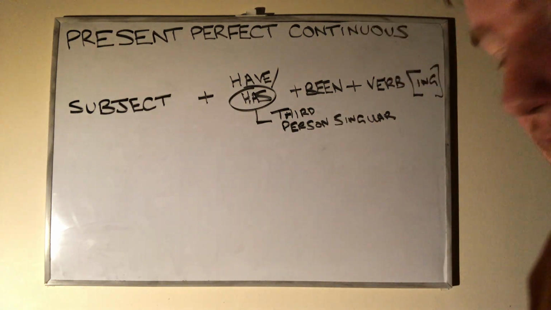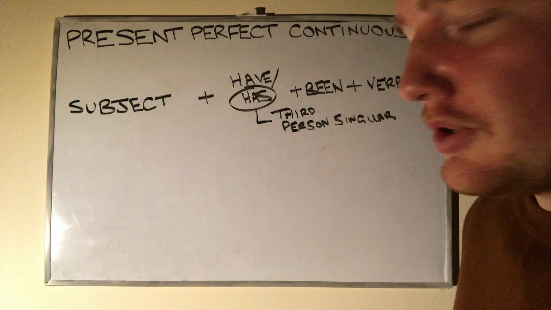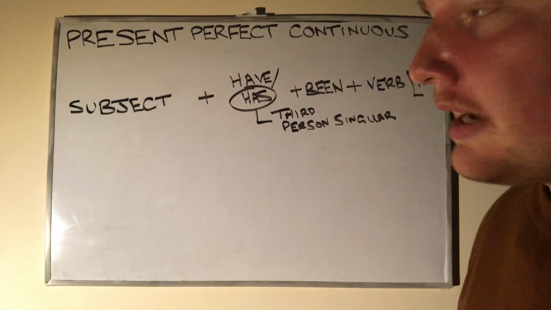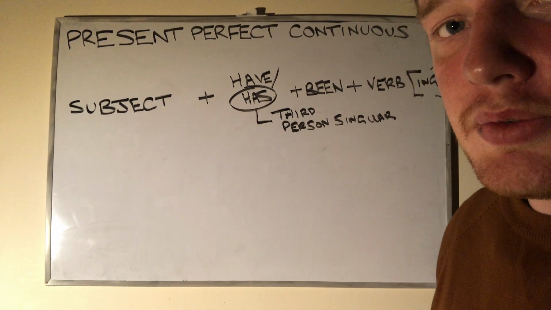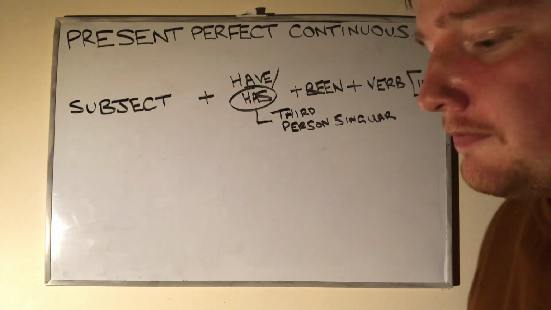Okay? Let's take a look at an example to understand how we can use the present perfect continuous tense in action. All right?